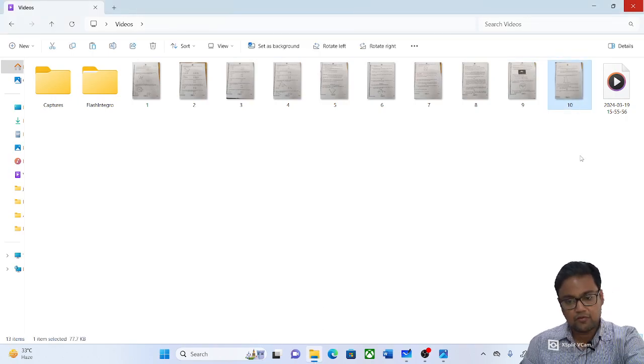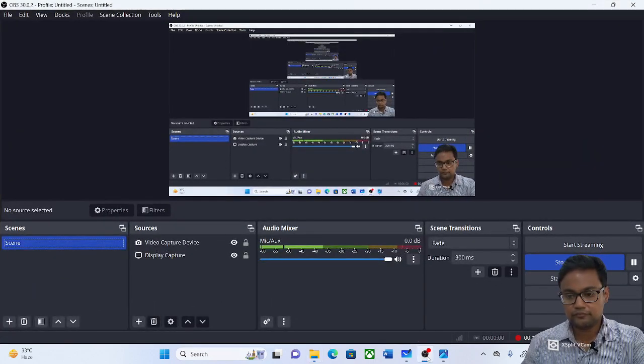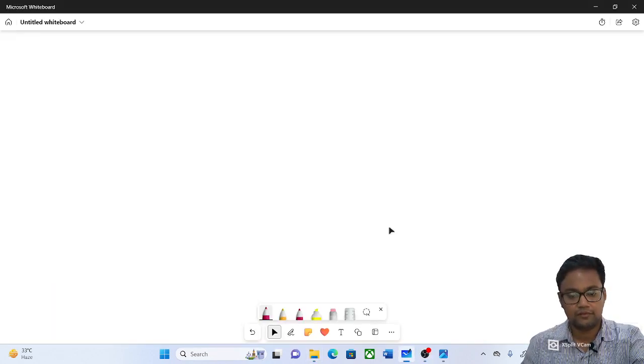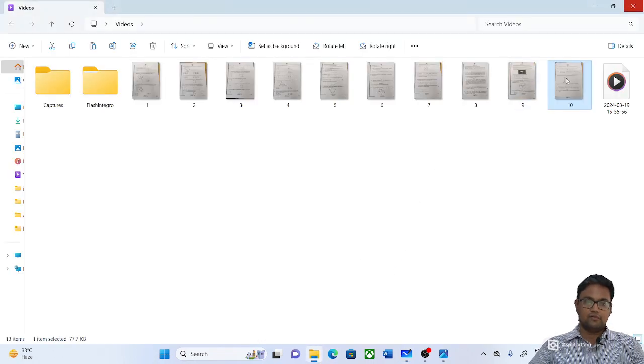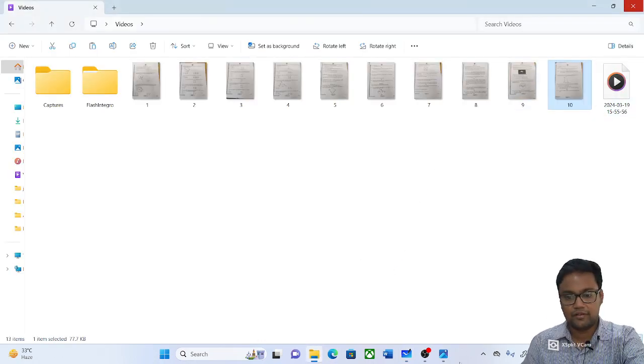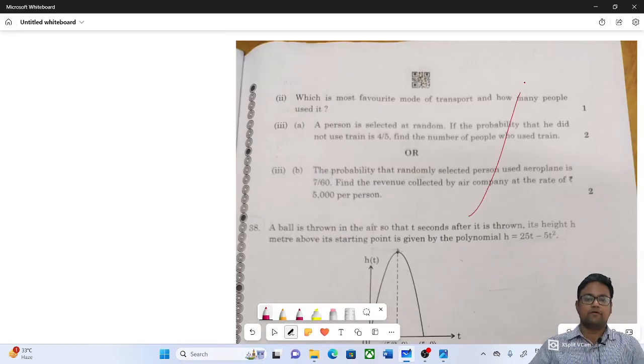Last page again, because we are left with the last question. It has not been copied properly. See, I don't know what is happening, why it is not getting selected.